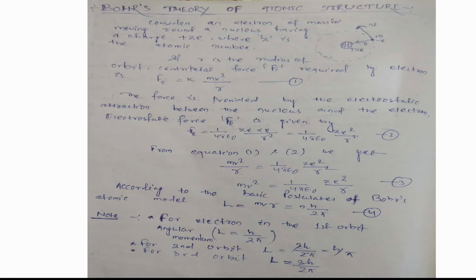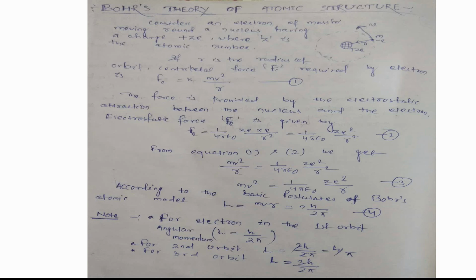Bohr also spoke about the quantization of the orbit. That means the electrons revolve in fixed orbits, and the angular momentum is an integral multiple of Planck's constant, L equal to nh by 2 pi, which we have already discussed in Bohr's postulates.